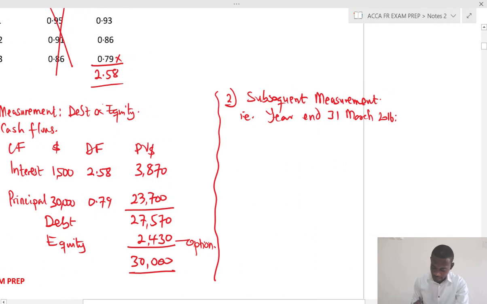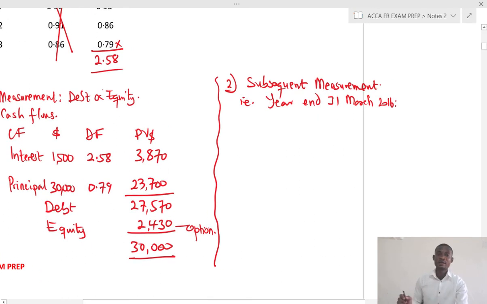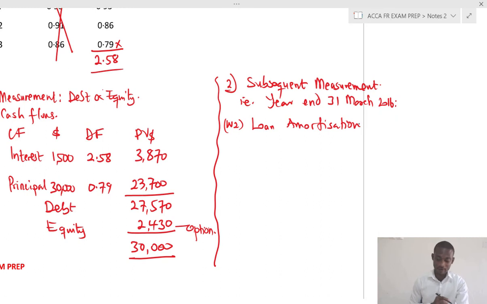So at the year end, we have to find the amortization. So if, let's say, this is my workings 2, then I'll say loan amortization. So I can find the finance cost and also the liability value at the end.